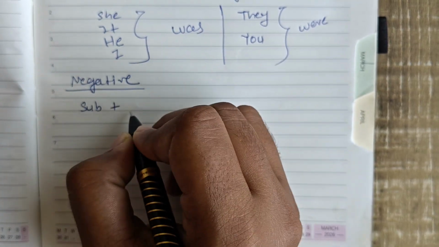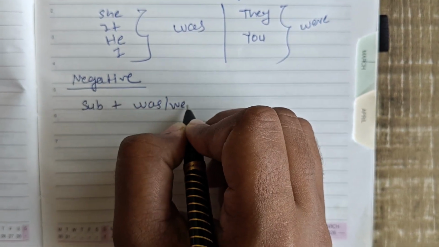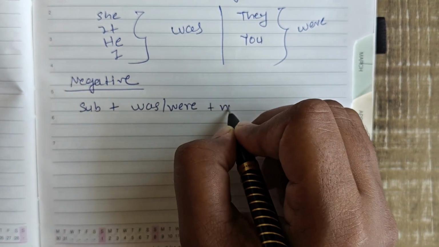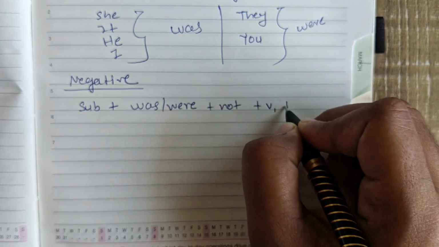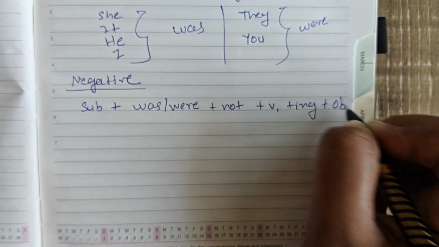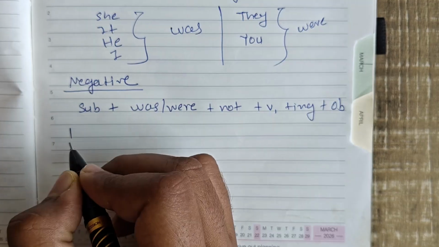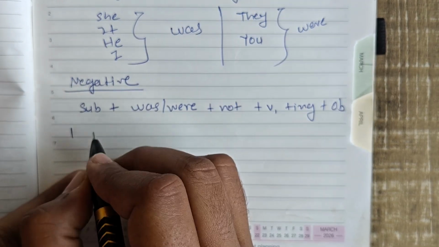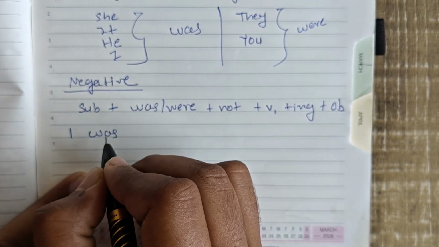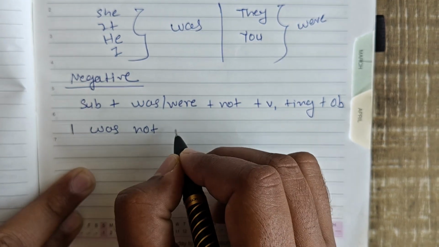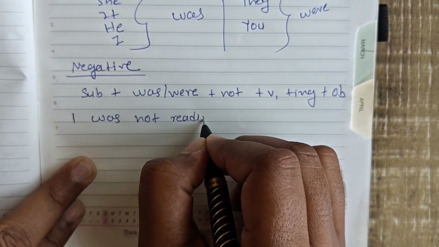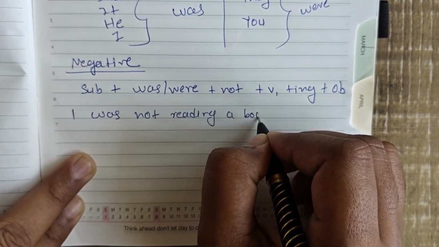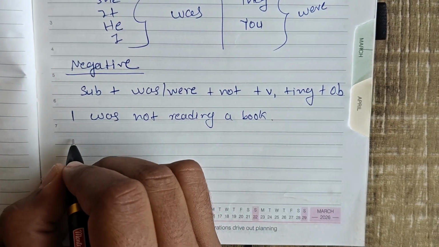Subject plus was, were plus not plus v1 plus ing plus object. Like, I was not reading a book.